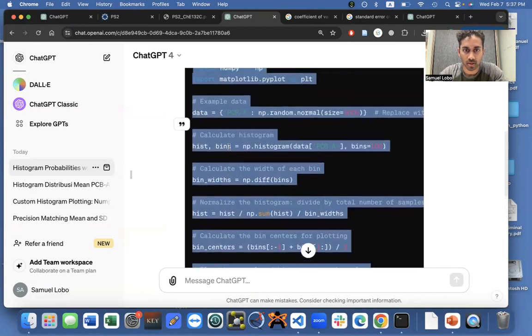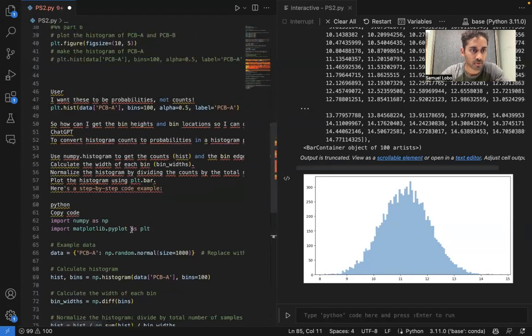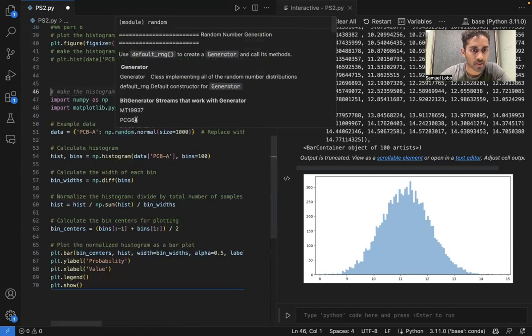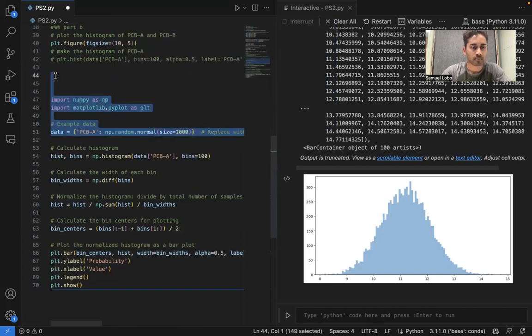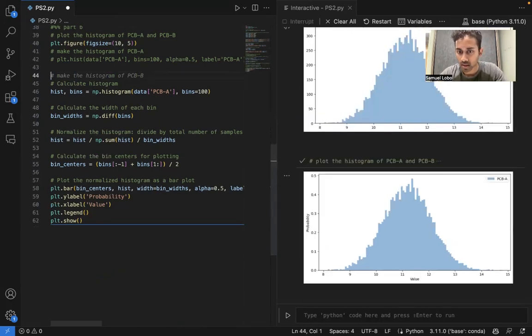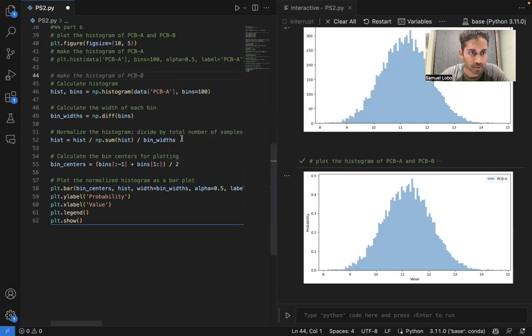So let me just paste this. I'll comment this out and I'll paste this below. Whoa. Okay, let me clean this up a bit. And we'll see how this looks. Okay, so at least now we're not getting these huge values, but it looks like they're normalizing in a weird way.